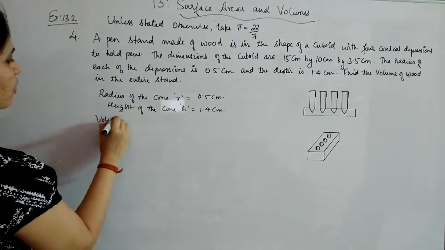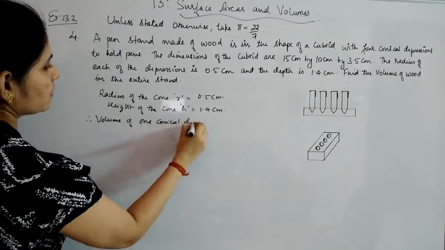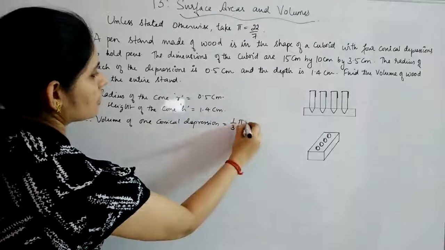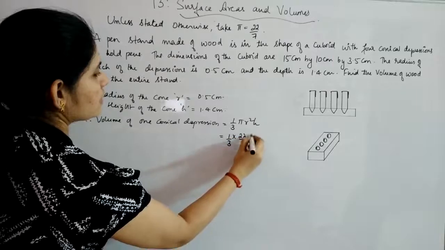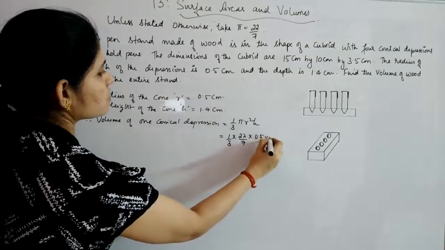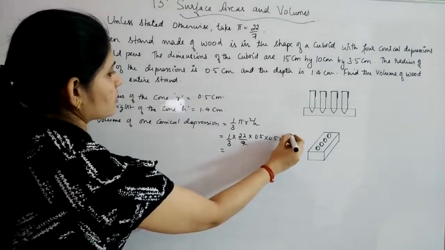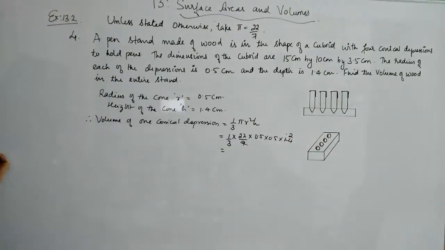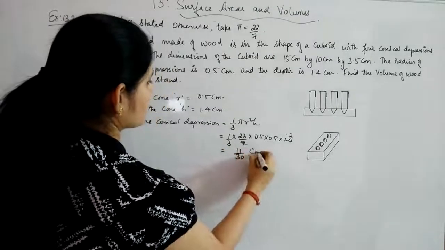Now you have to find the volume of one conical depression. The volume of one conical depression will be 1 by 3 pi r square h. That is 1 by 3 pi, 22 by 7 into r, which is 0.5 into 0.5 into 1.4. So it is giving you 0.2. Now after multiplications, you will get the volume of one conical depression as 11 by 30 centimeter cube.